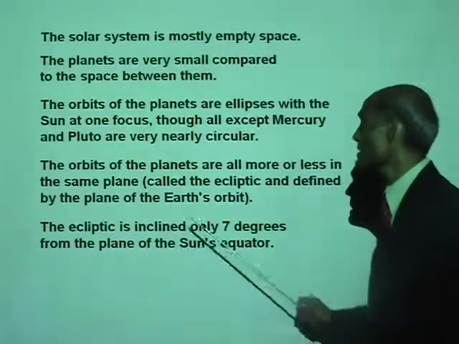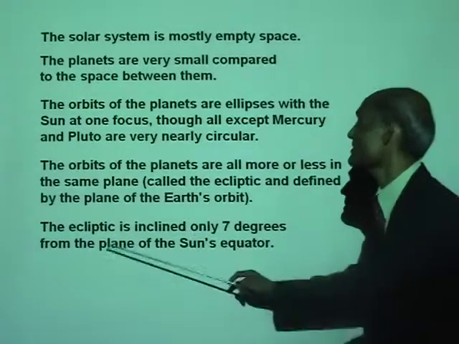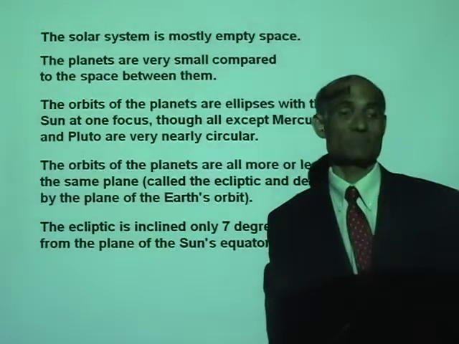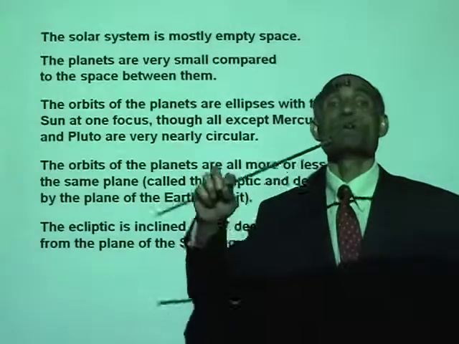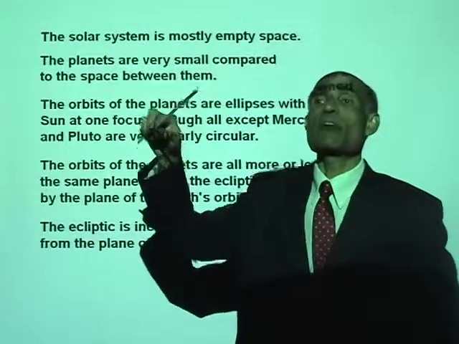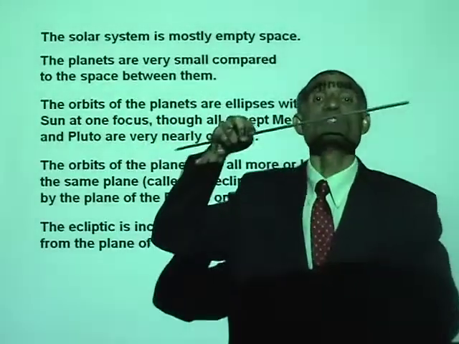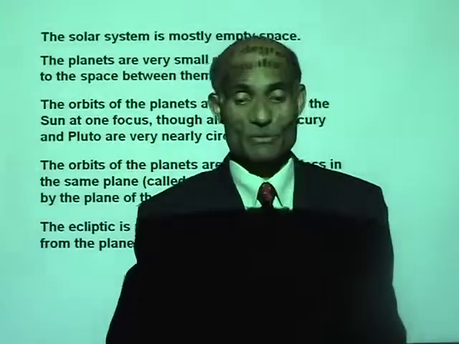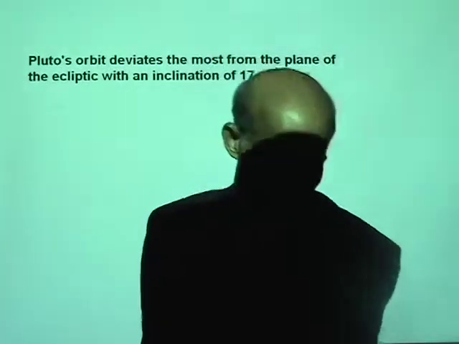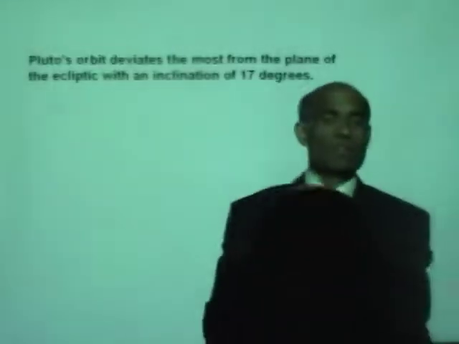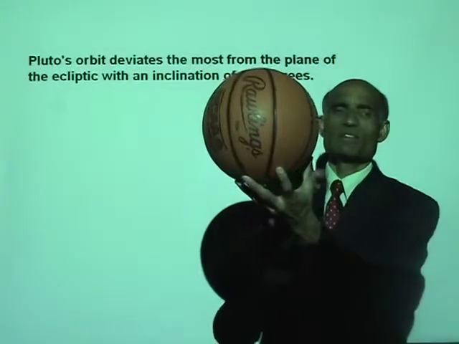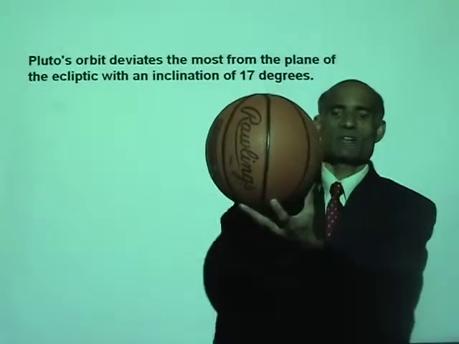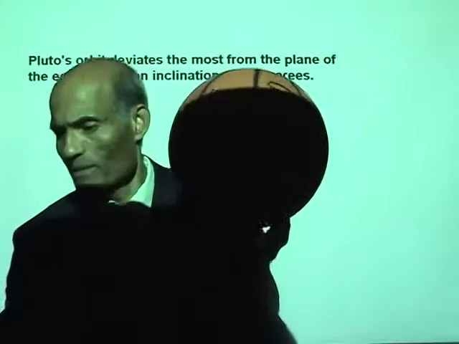The ecliptic is inclined only 7 degrees from the plane of the Sun's equator. That means the plane where the planets orbit the Sun is almost the same as the plane containing the equator. Now let me show that. If this is the Sun, the equator of the Sun is this, is that right? Now can you consider a plane?